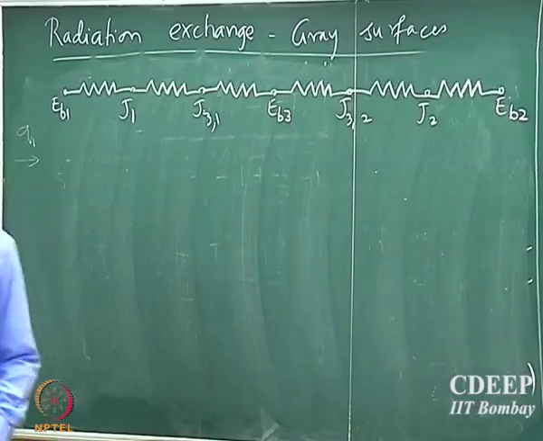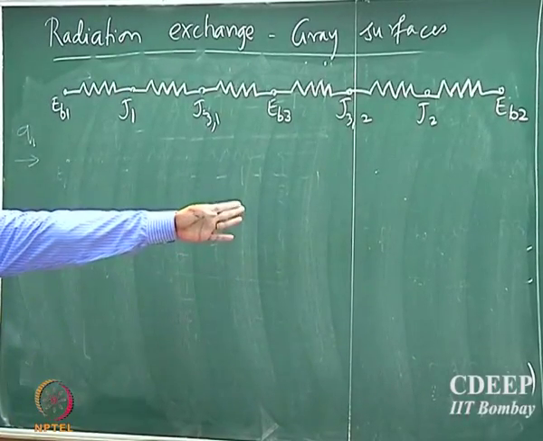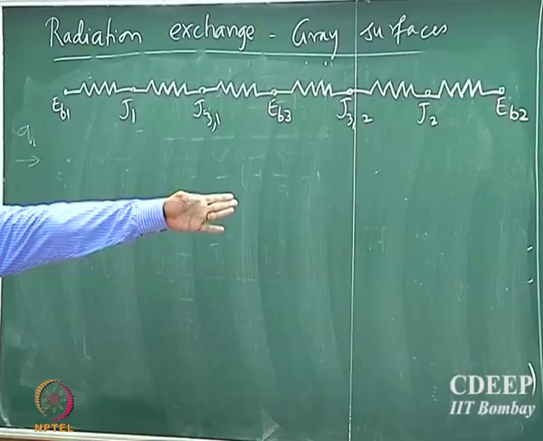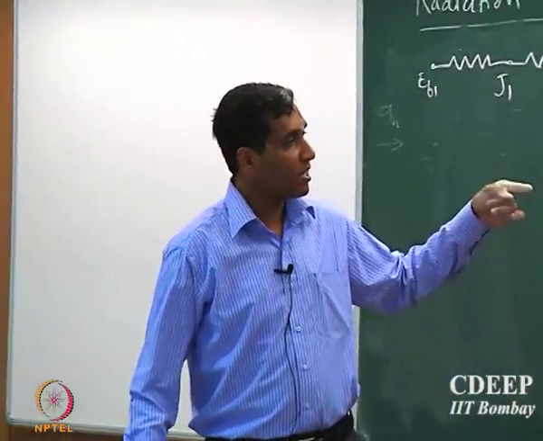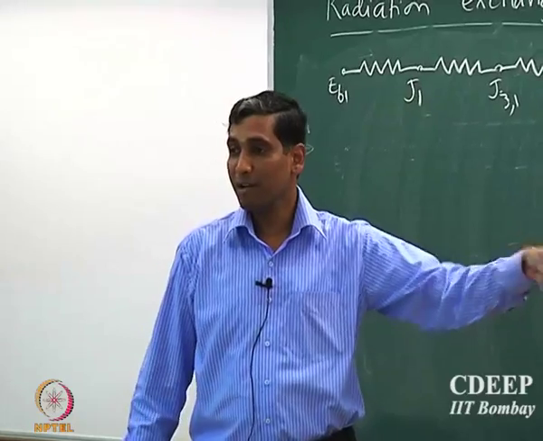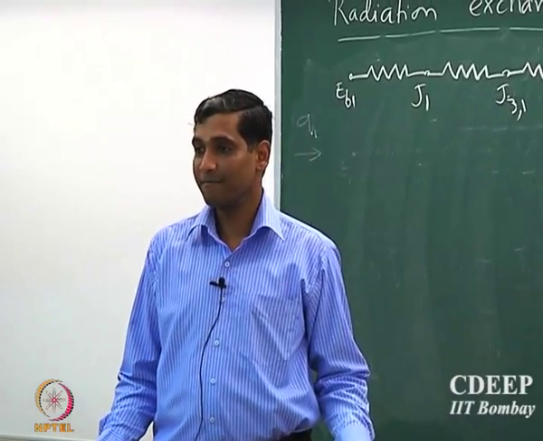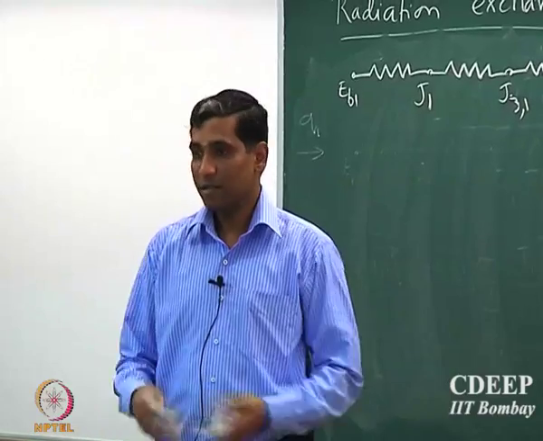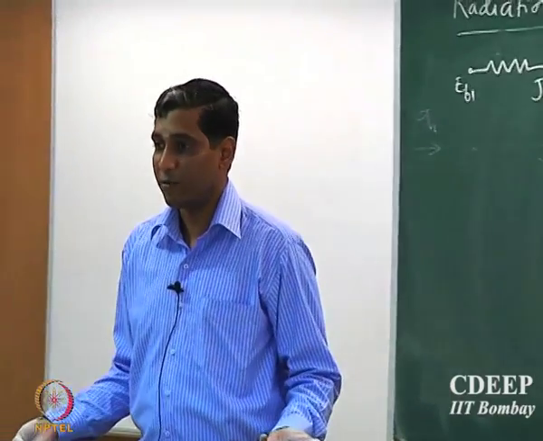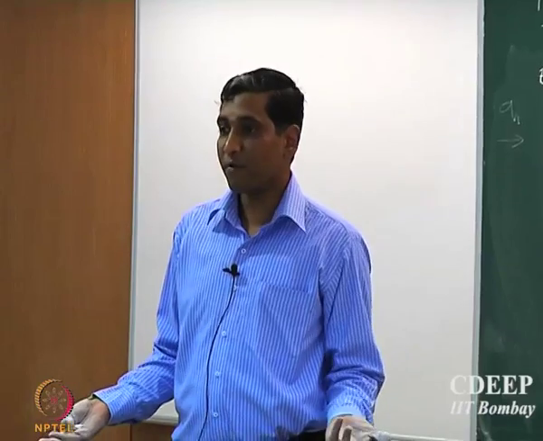Here, of course, I have assumed that the resistance for conduction is negligible in the third surface. All radiation that goes from 1 to 2 will be through 3. The view factor between 1 and 2 is 0, correct.